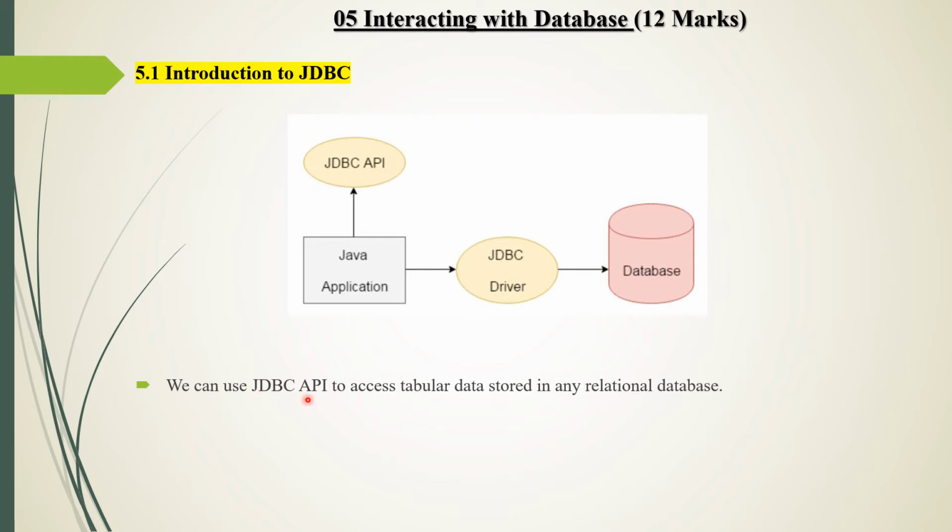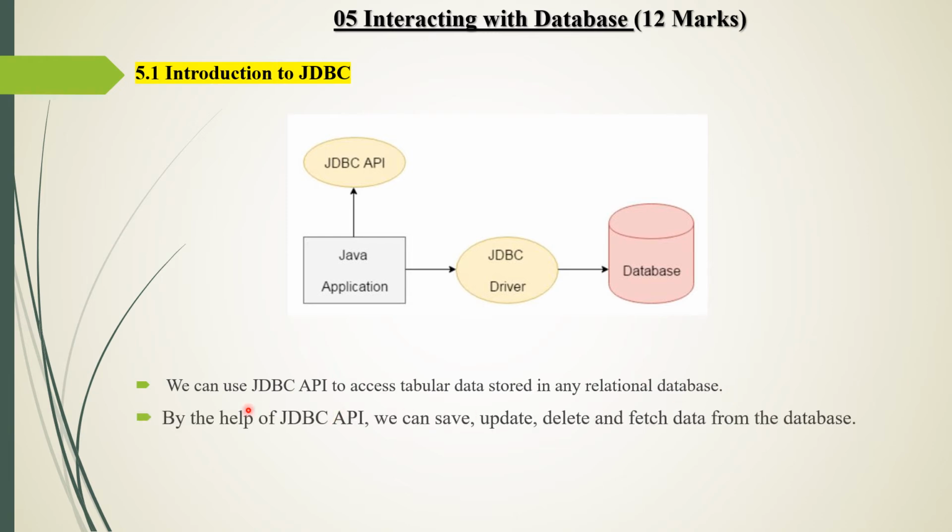We can use the JDBC API to access the tabular data stored in any relational database. With the help of JDBC API, we can save, update, delete, and fetch the data from the database. So we can perform these activities on the database. It is like Open Database Connectivity ODBC provided by Microsoft. Okay, so this is the introduction.